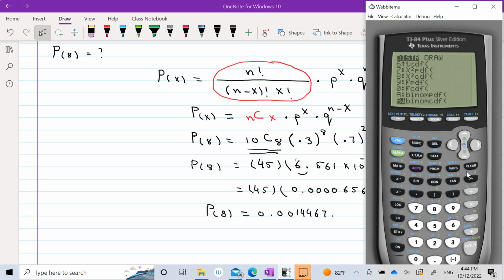You are using binomial PDF if you see the word exactly in your problem. P means point, exactly 1 point. You are using binomial CDF if you are using a range of numbers. That will be my next example. But for the time being, just learn how to use binomial PDF for this problem. Correct? Let me go to binomial PDF.